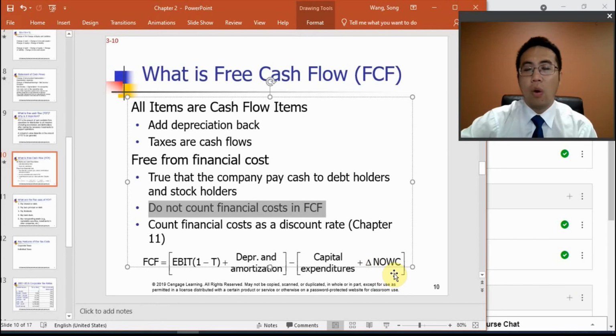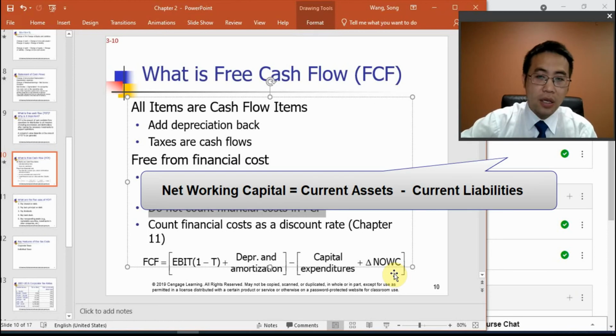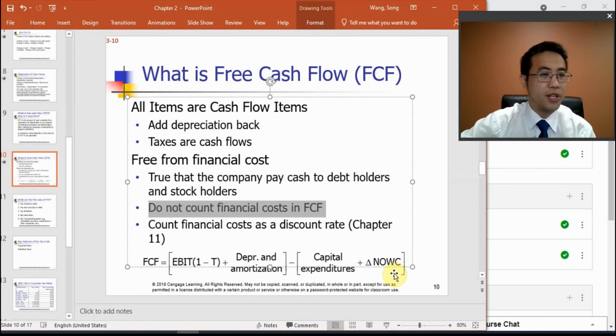We know working capital is current assets, and the net working capital is current assets minus current liabilities. The current assets are mostly inventories and accounts receivable that are related with daily operations, and also accruals and accounts payable are current liabilities, which are also related with daily operations.